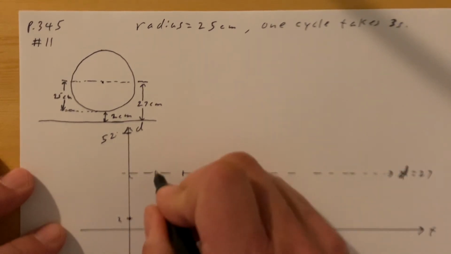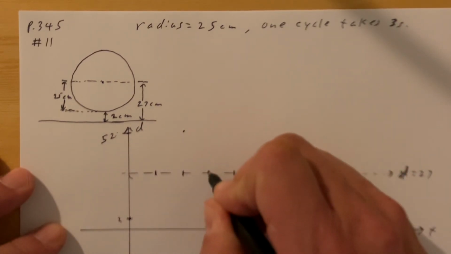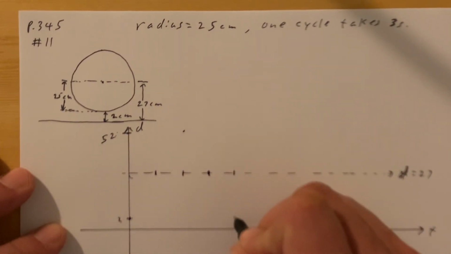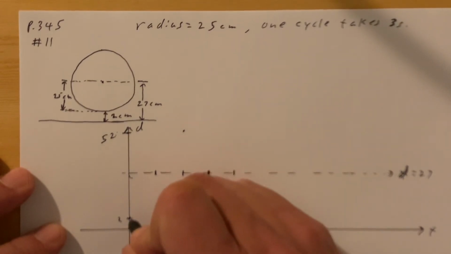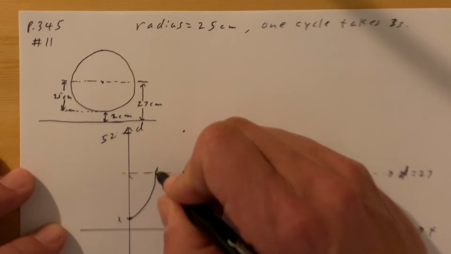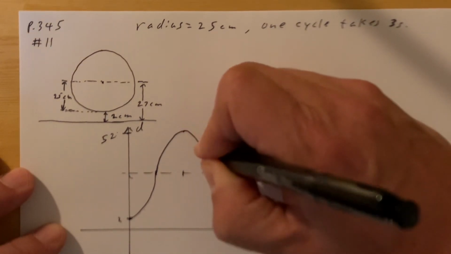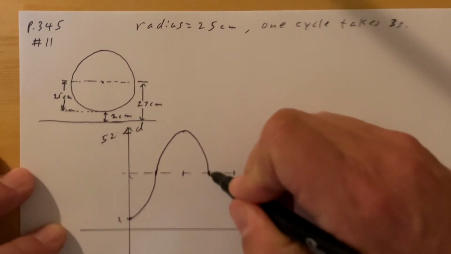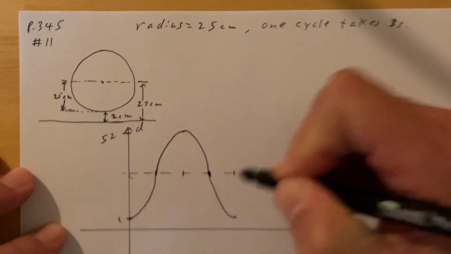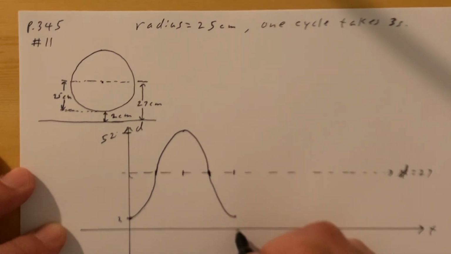So from here to here, then this to the top, back down, and then back down to the bottom here. Okay, so that's one cycle, and one cycle takes 3 seconds.